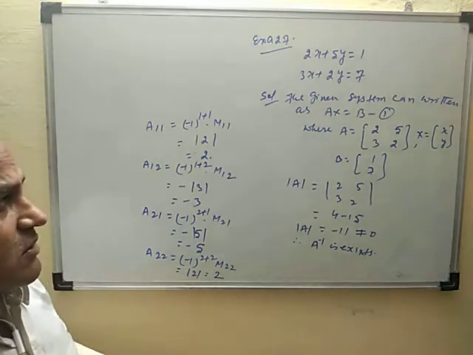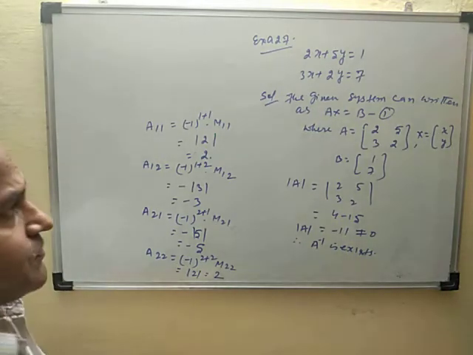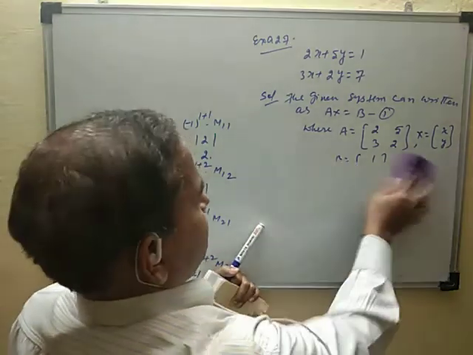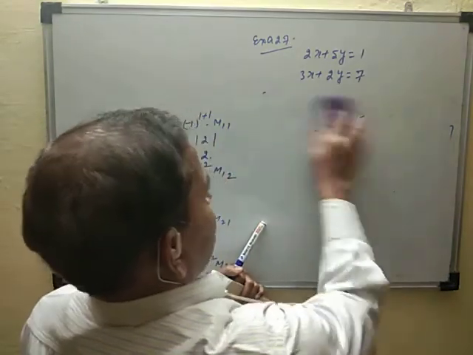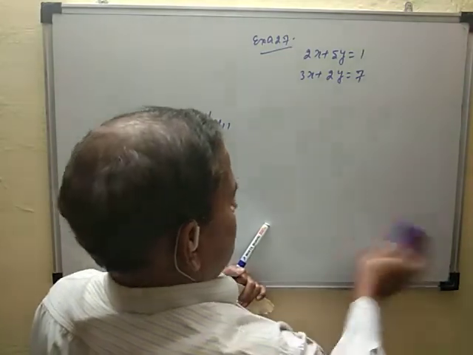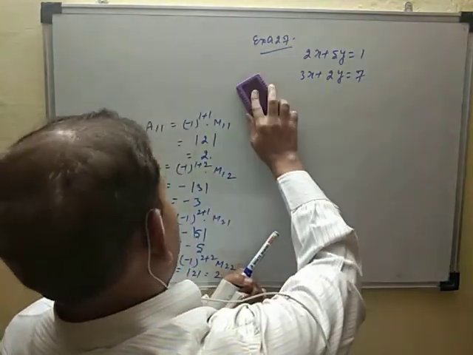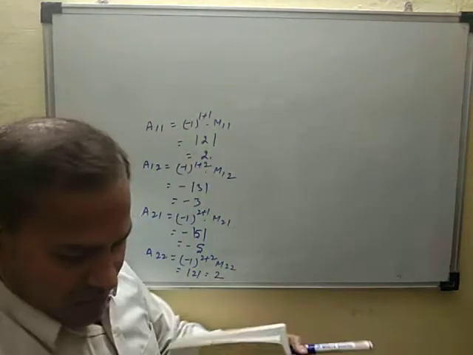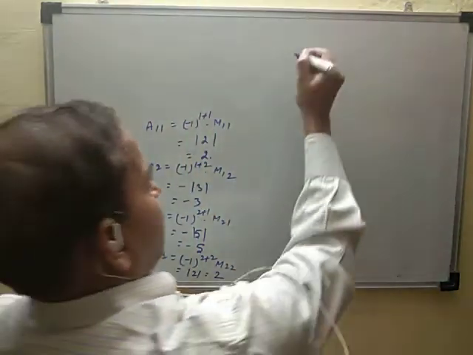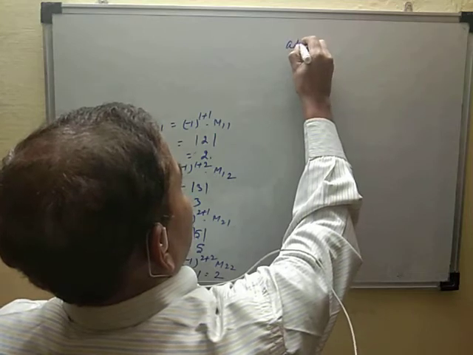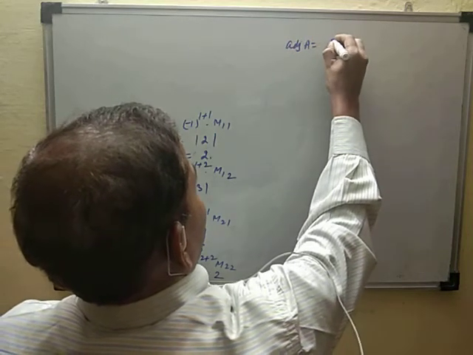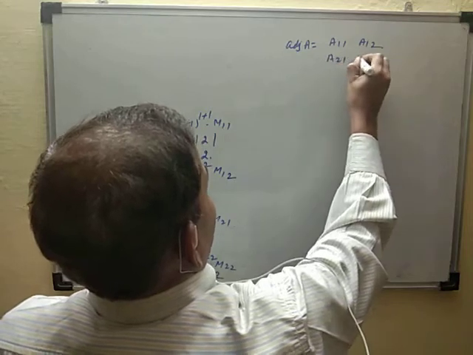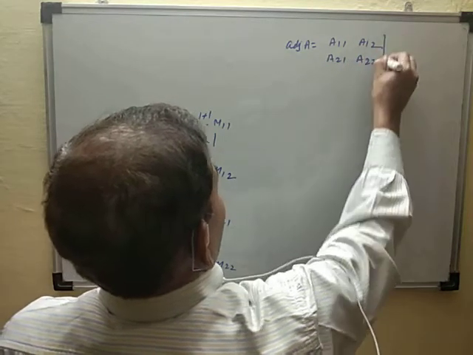Now find the adjoint of A. So adjoint of A is equal to the transpose of A11, A12, A21, A22.